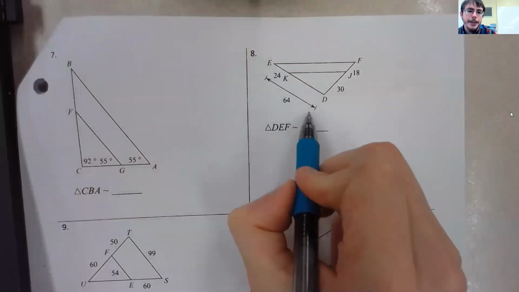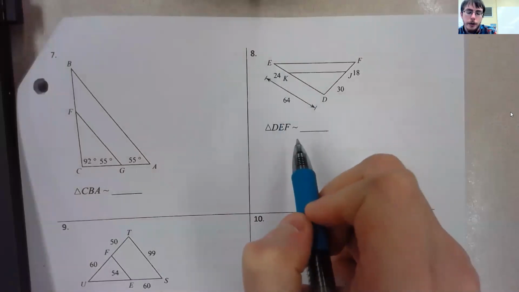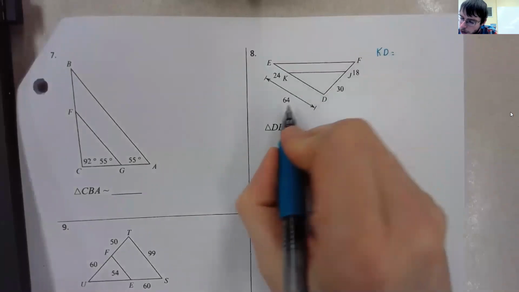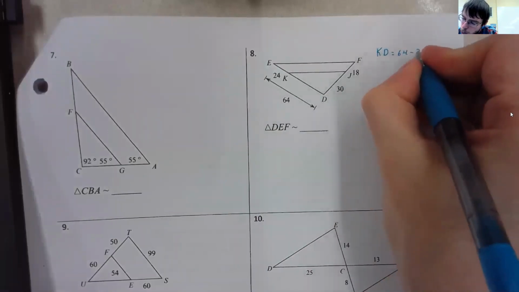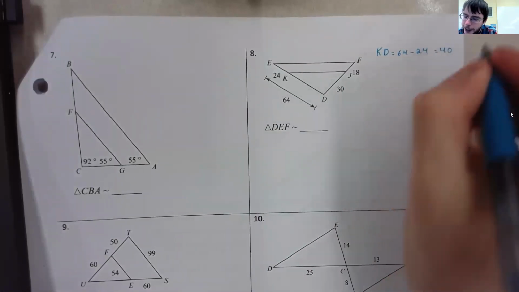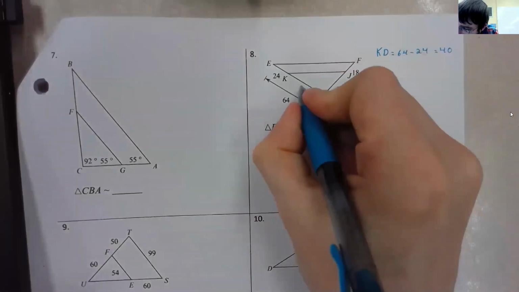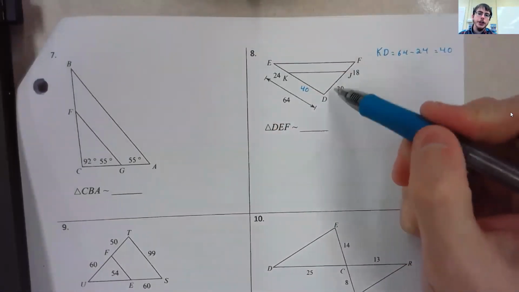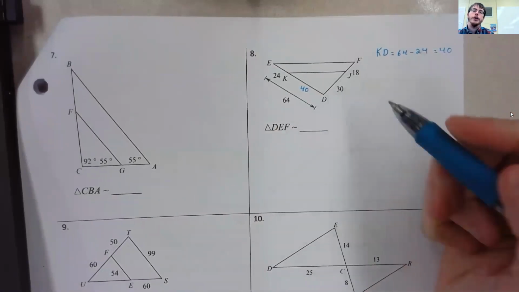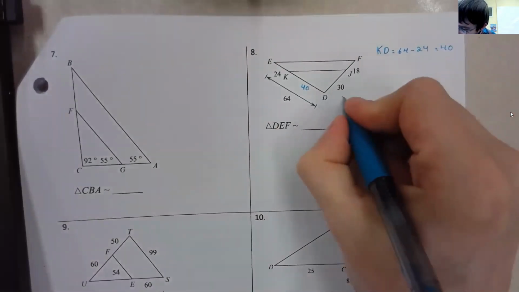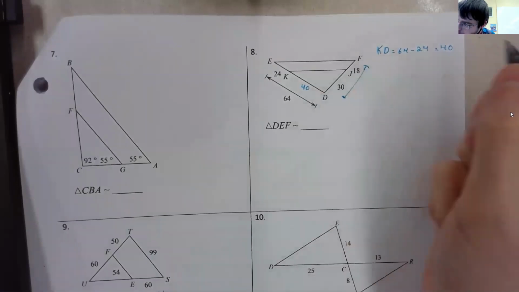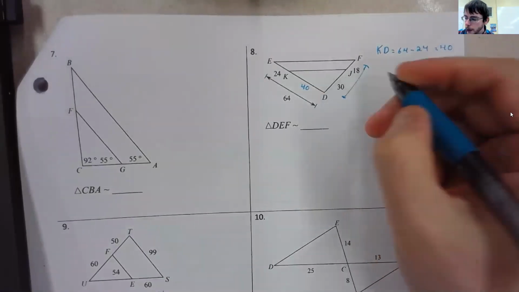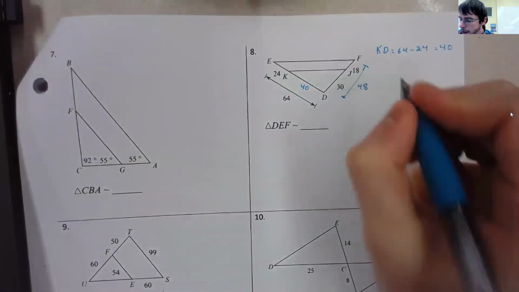Well, if the whole thing is 64 and one part is 24, we can say that KD is equal to 64 minus 24, which is 40. So we know that KD is 40. And on this side, we know what these two parts are, but we don't know what the whole thing is. So we need to find the whole thing here. Well, we take the two parts, add them together, and we get 30 plus 18, which is 48.